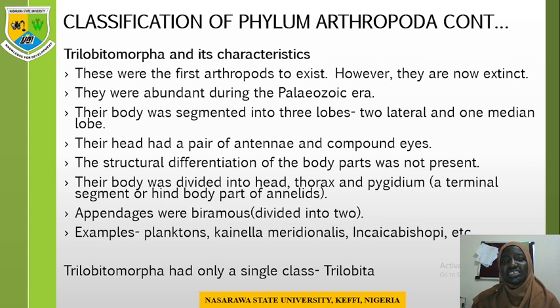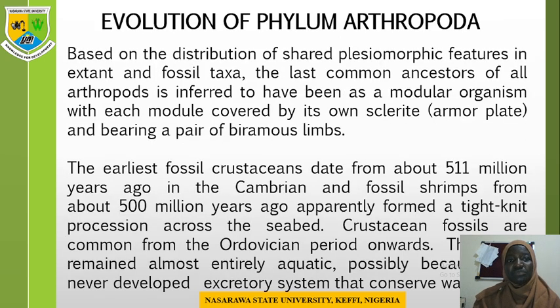They shed it, and a new one is grown. That is what we refer to as molting. And this segmentation, in some literature, we refer to as tagmosis or the tagmata, simply put. Evolution of Phylum Arthropoda.